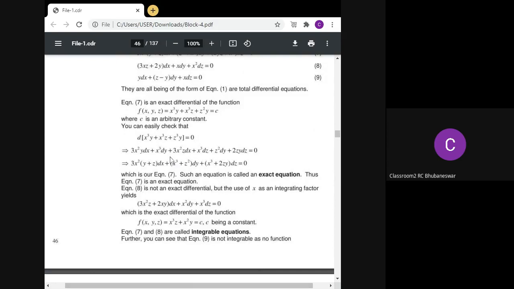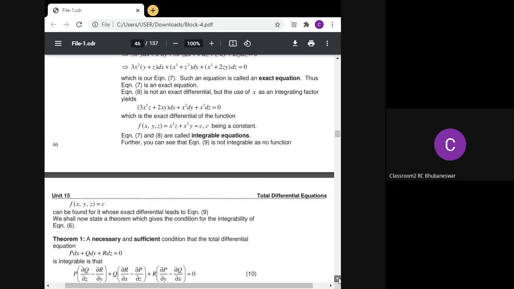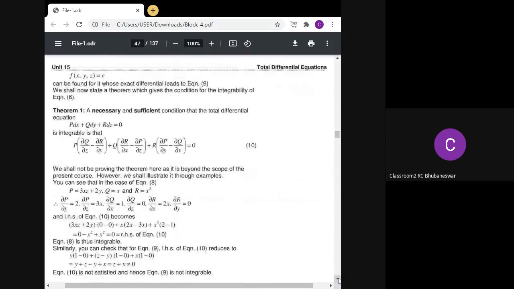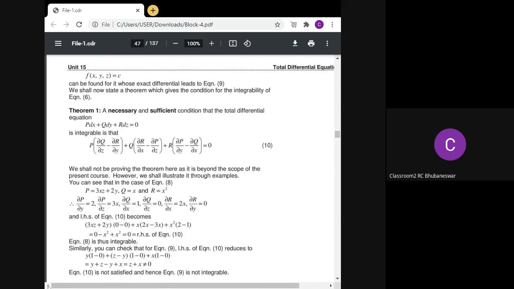Here we can easily integrate both sides to get the solution in the form x^3 z plus x^2 y equals c. So this is the integrability approach to solve a total differential equation.